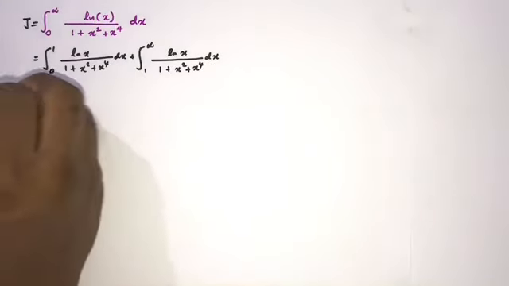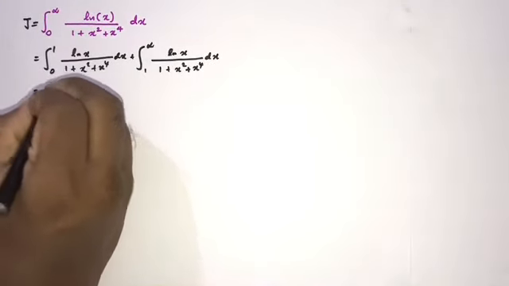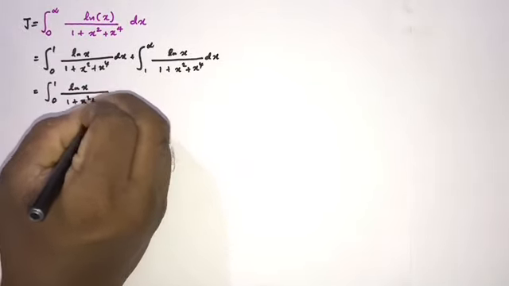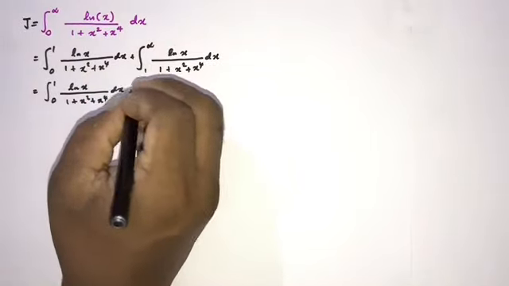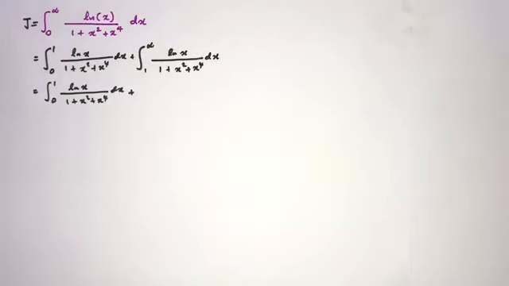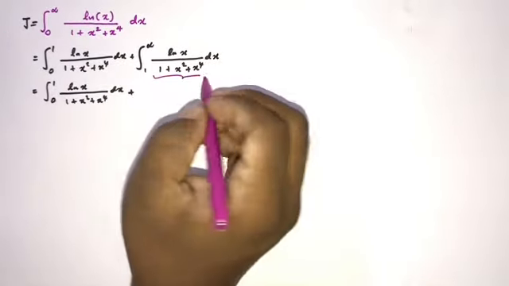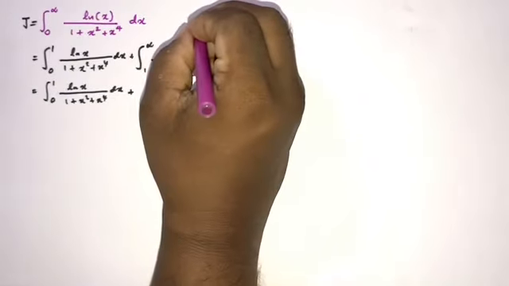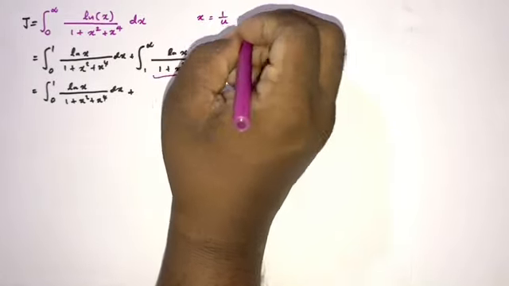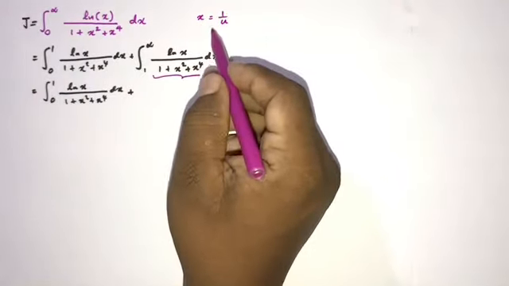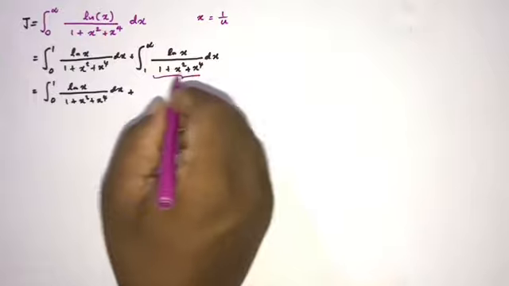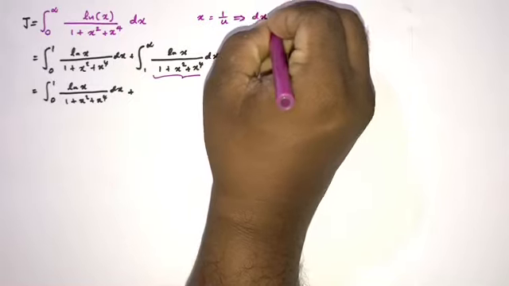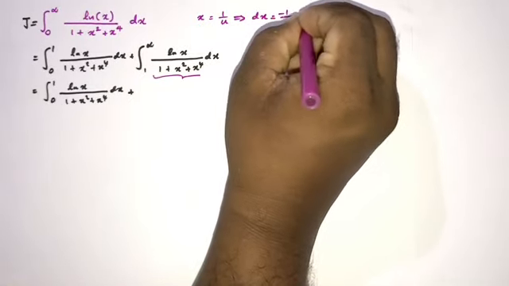Okay, then I am going to rewrite this integral from 0 to 1 of natural log of x over 1 plus x square plus x to the fourth power dx, plus now for this integral I am going to take a substitution. We can take x is equal to 1 over u, because if you take this substitution, after the substitution we will have the same denominator. Now the derivative, we know dx is equal to minus 1 over u square du.